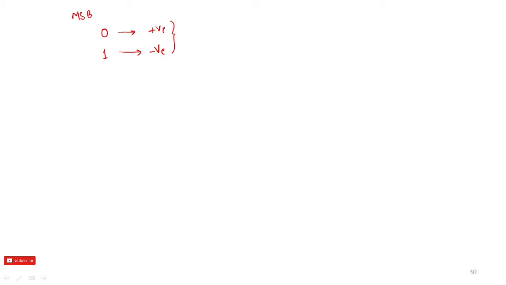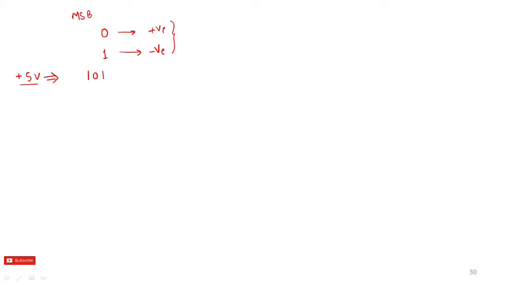If you have to represent plus 5 in all the different data representation techniques: number one, unsigned, there is no MSB, there is no sign bit, so simply 1 0 1.